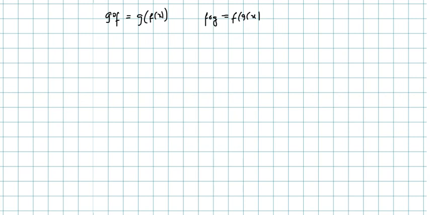What was our f of x? f of x was 3x minus 1, and g of x was 2x square plus x plus 1. So now what we need to find? We need to find fog. To find fog, what will you do?